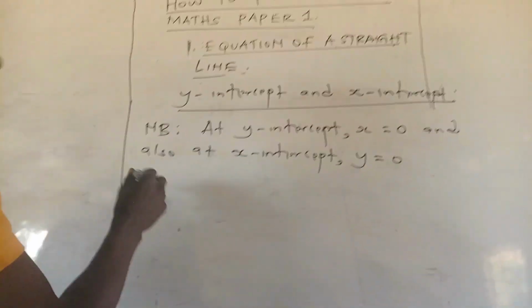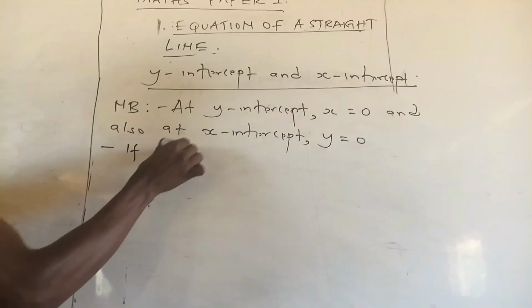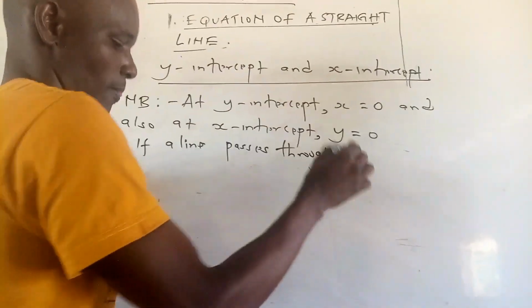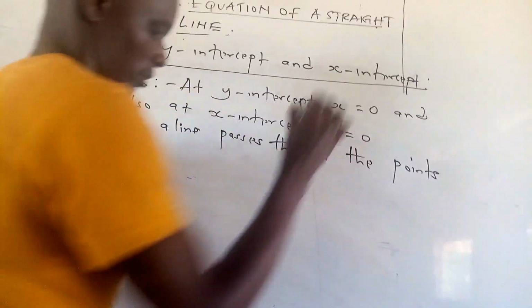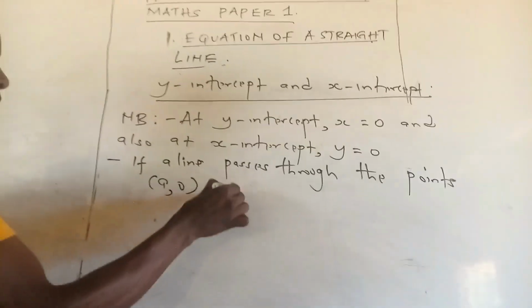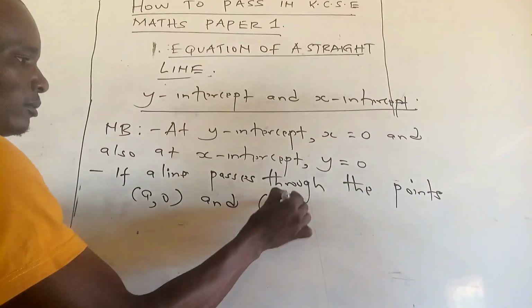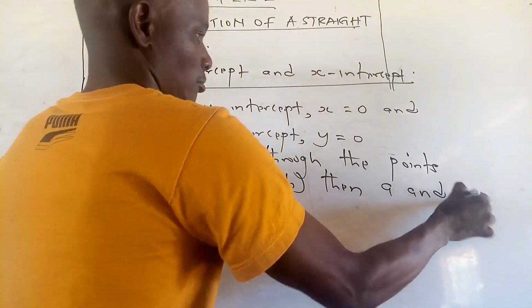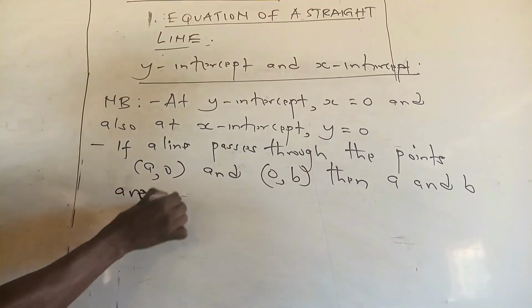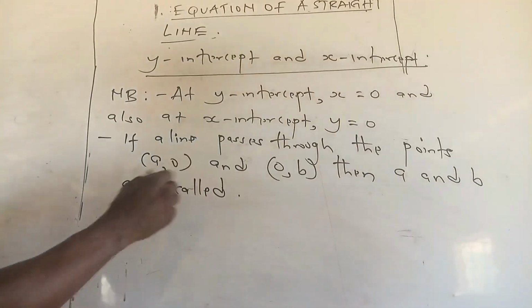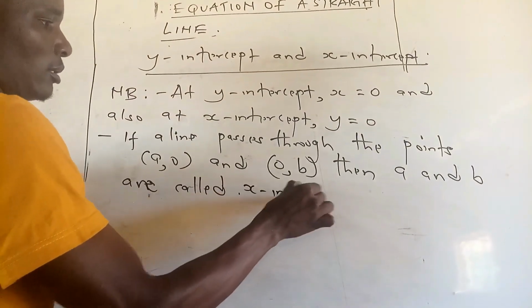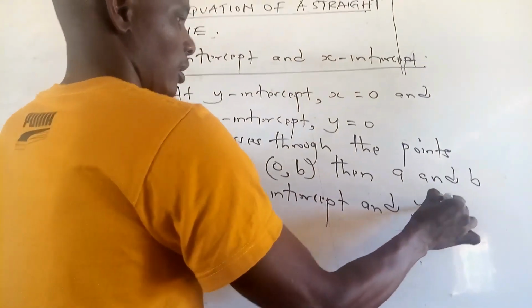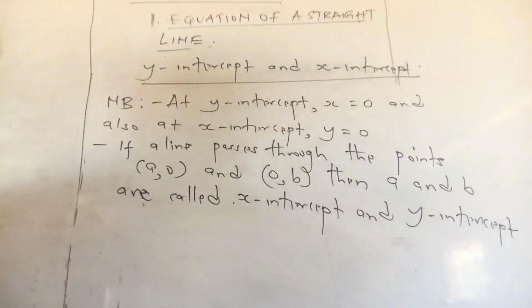And another point is that if a line passes through the points A, 0 and also 0, B, then A and B are called, so A here is on the X, so x-intercept, and B here is on the Y, we call it y-intercept, respectively.